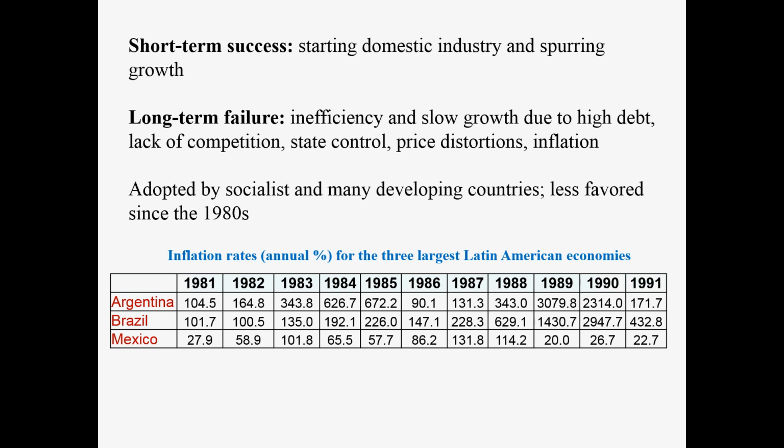So Latin American countries, and also many socialist countries, adopted this kind of strategy from the 1930s, 1940s, 1950s, and through the 1970s.